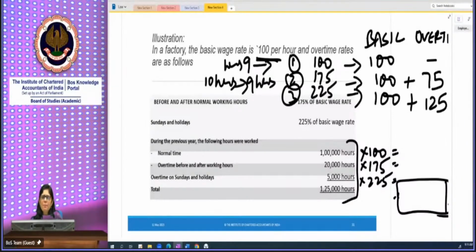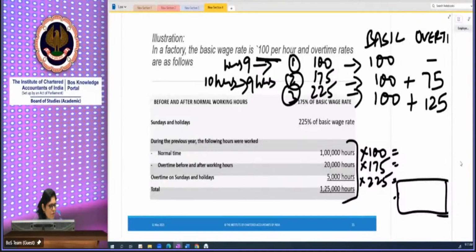Overtime has to be an employee cost only, but which department will bear that worker cost? That is exactly what we have to see.